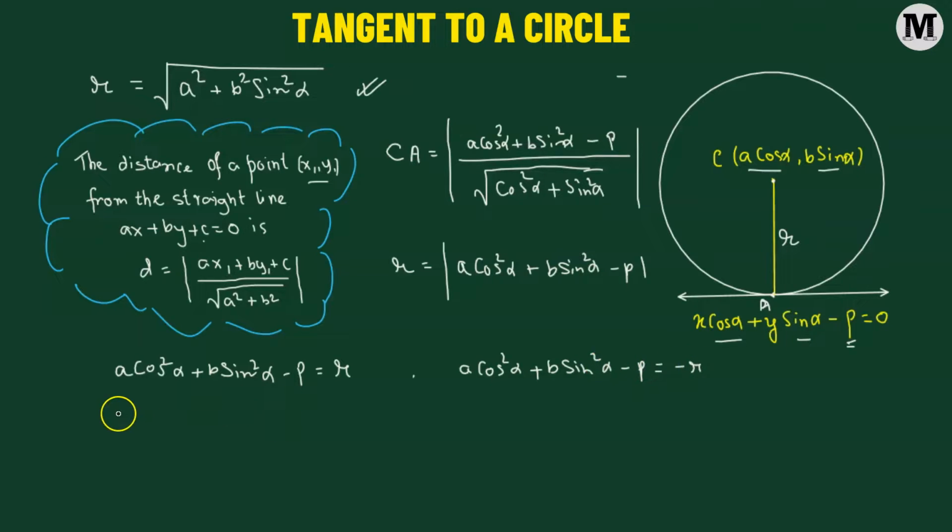Since we need to find the value of p, let's isolate p to get p equals a cosine squared alpha plus b sine squared alpha minus r. And in the other case, we have p equals a cosine squared alpha plus b sine squared alpha plus r. And what's r? We have already defined the value of r, so let's substitute.